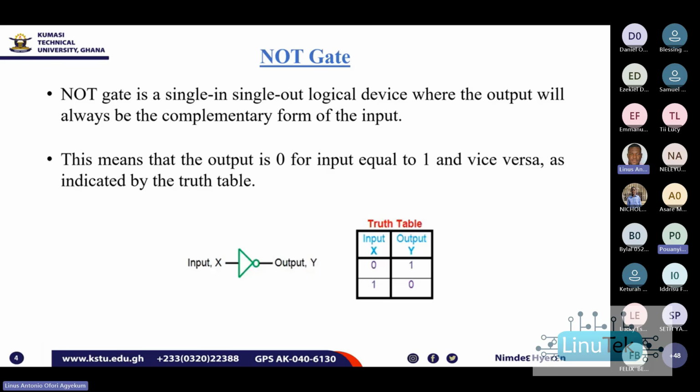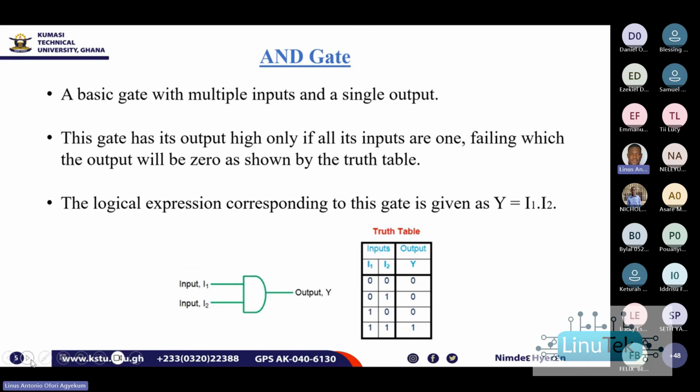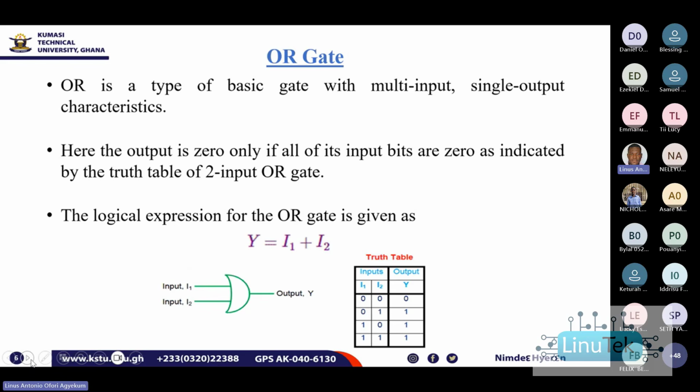Okay, sir. Do you understand it now? Yes, sir. What was the other gate you were talking about? Is it the OR gate? Yeah, the OR gate. The difference is that the OR gate basically uses the principle of addition. So the addition of binary: if we add 0 and 0, it is 0. If we add 0 to 1, it is 1. If we add 1 to 0, it is 1.